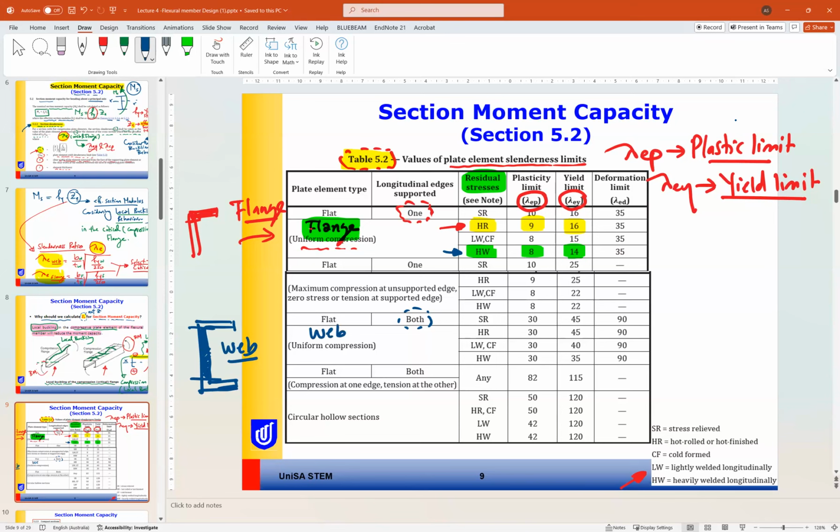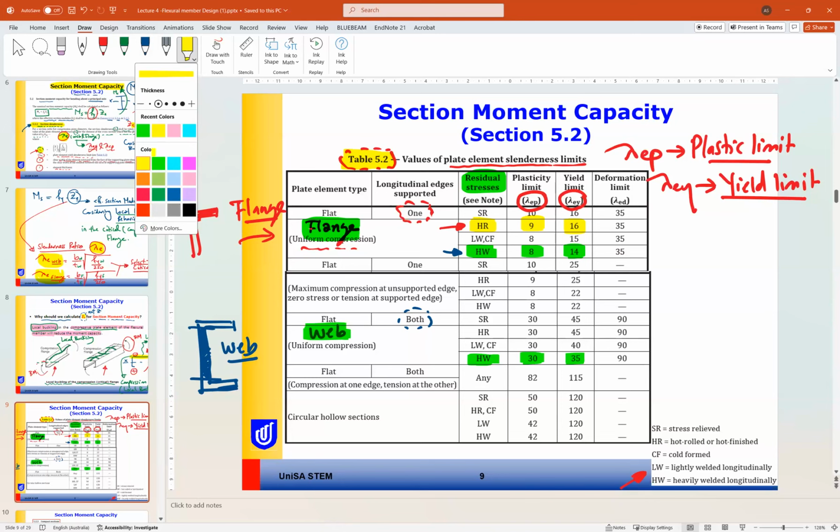So for the web, again, if you are heavy welded, it is 30 and 35. If you are hot rolled, you have 30 and 45. So these are the limits.